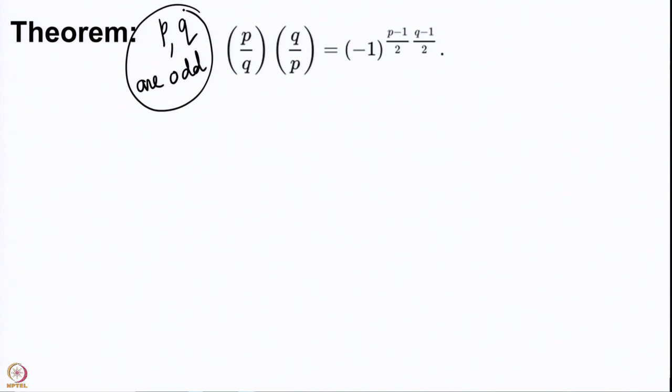Of course, if you do not have P and Q to be odd, then you are not always going to get each of these, (P minus 1)/2 and (Q minus 1)/2, to be integers. These are integers because we have taken P and Q to be odd primes.